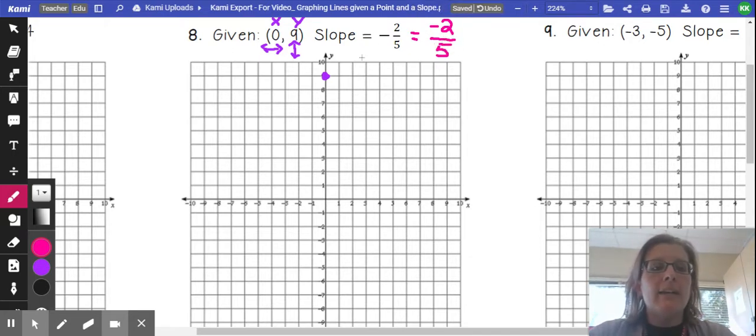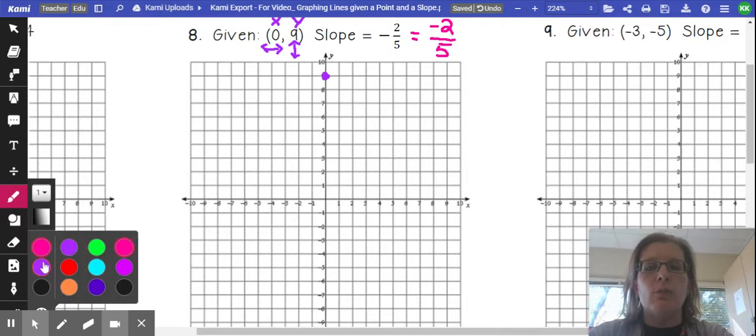If we have a negative fraction, we can move the negative sign either into the numerator or into the denominator, whichever one makes it easier to work with. With slope, it is easier to put that negative into the numerator.